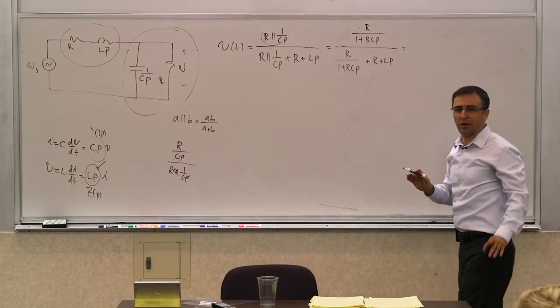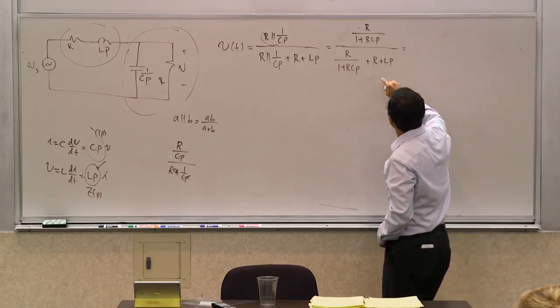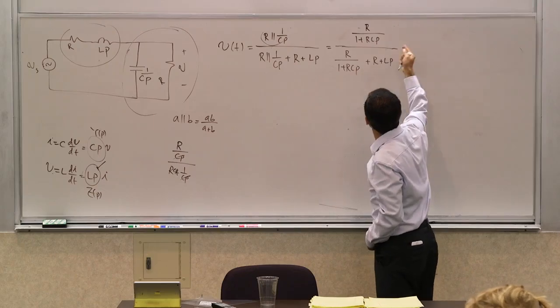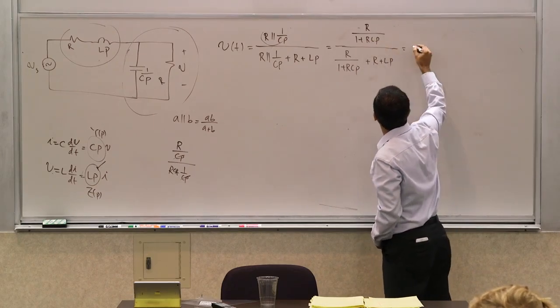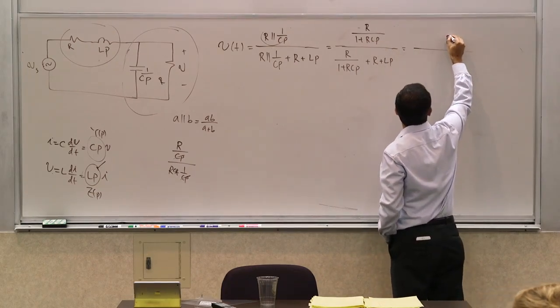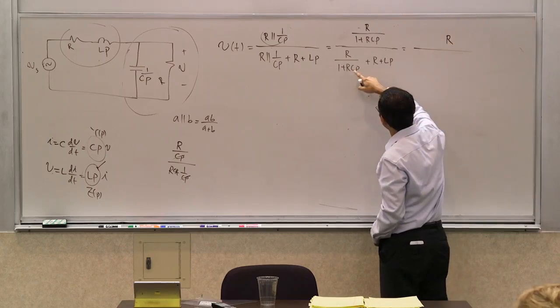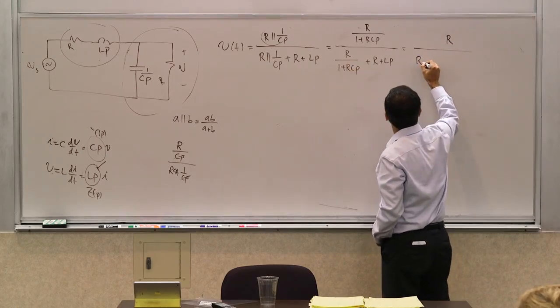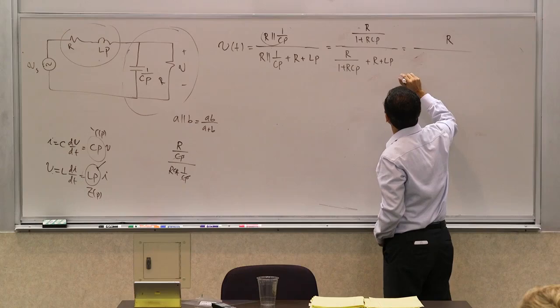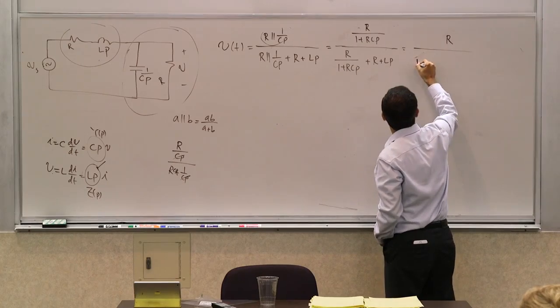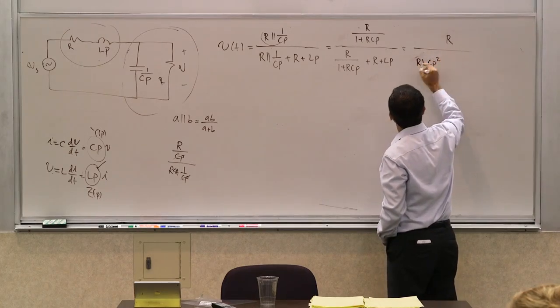I'm treating them like rational functions, essentially. I just add this and find a common denominator that cancels that common denominator. So I would end up with an R there. I'm left with an R here. These two together give me R LC P squared.